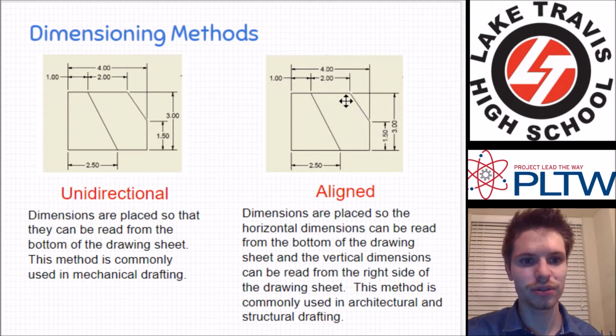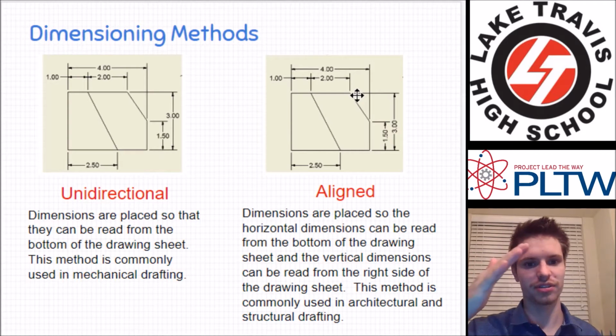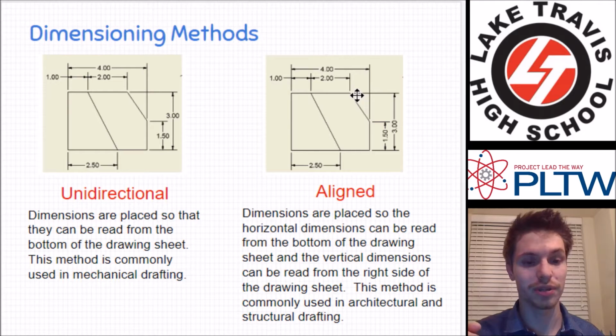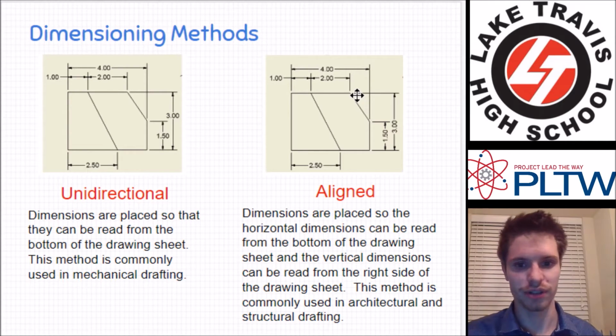Also, on an angled dimension, the text would be aligned to the object line that you're dimensioning, so the text would be angled there too. Those are the two methods, unidirectional and aligned. In unidirectional, on that angled line, your text would still be horizontal.